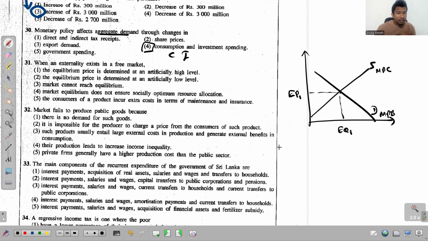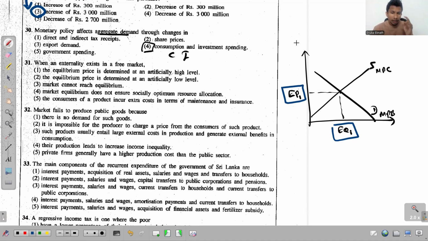Clear? But the problem, though we just call this the equilibrium quantity and this the equilibrium price, is that this may not be the socially optimum price or the socially optimum quantity. It may not be.